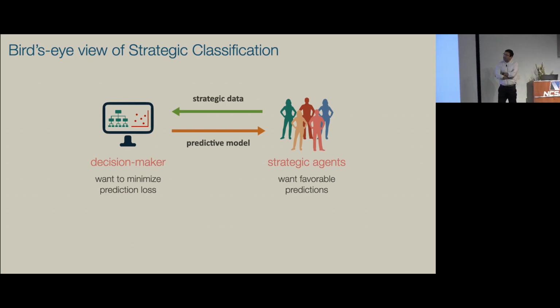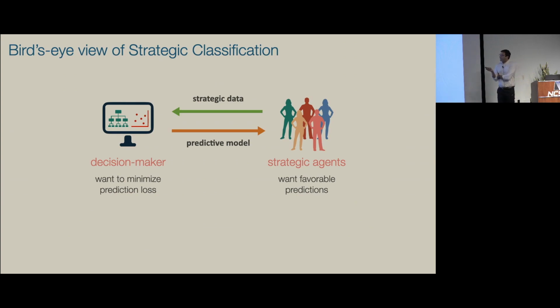So this problem generally lives in this area of strategic classification, in which there's a decision maker who wants to minimize their prediction loss. And they deploy a predictive model into an environment, and then that environment has a set of strategic agents who want to get favorable predictions out of the decision maker.